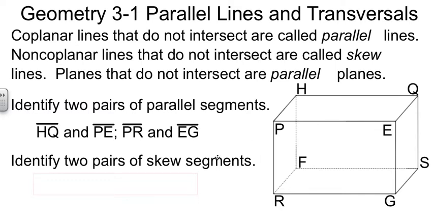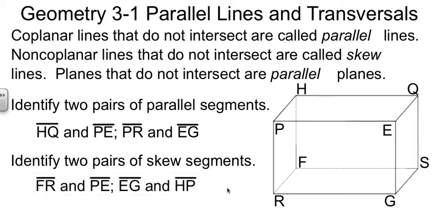Now compare that with skew segments, segments that are not in the same plane but still don't intersect. Something like FR and PE. FR is in the bottom of the box running from front to back. PE is on the top of the box running from left to right.